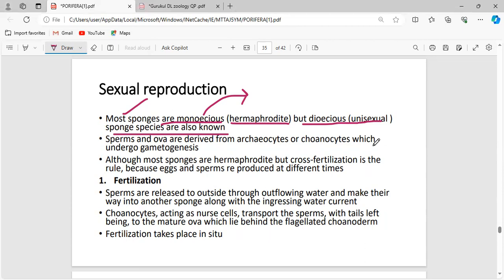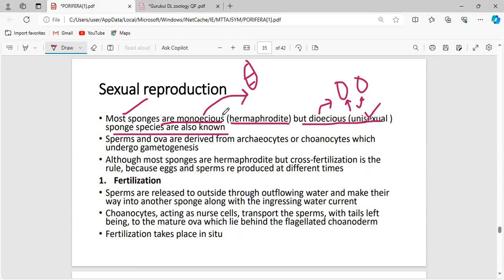At the end of fertilization, the zygote will form and the sexual reproduction will continue. But in monoecious, both male and female are present in the same individual. In dioecious, the male will be different and the female will be different. That is unisexual. Only one sex is present in each individual.